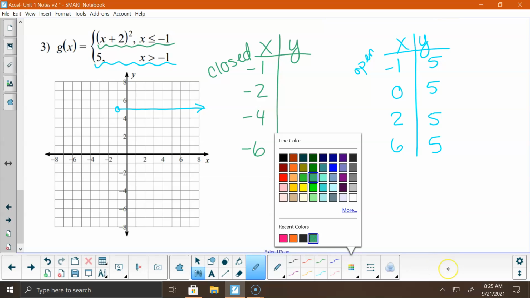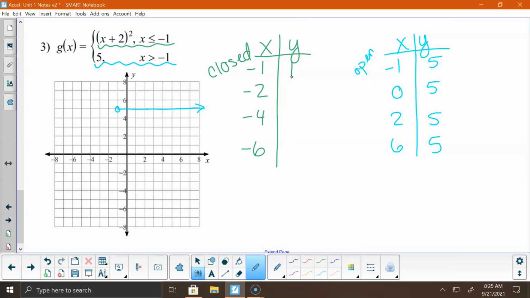-1 plus 2 is +1. +1 squared is still 1. 0 squared is 0. -2 squared is 4. -4 squared is 16. All right, so -1, 1, closed, 2, 0, -4, -4, and then -6, -16.